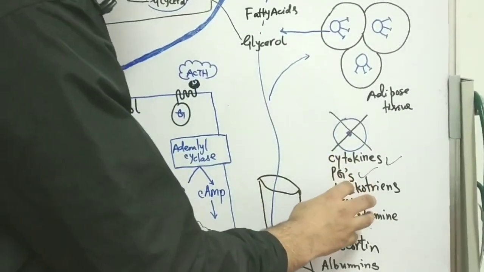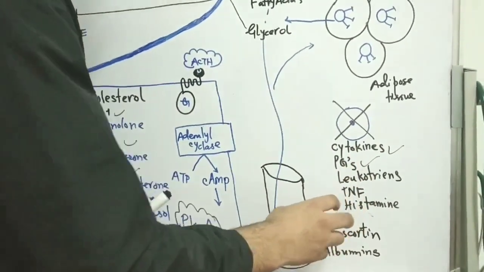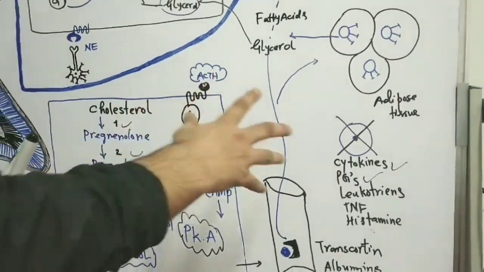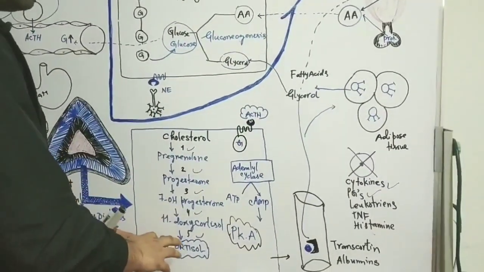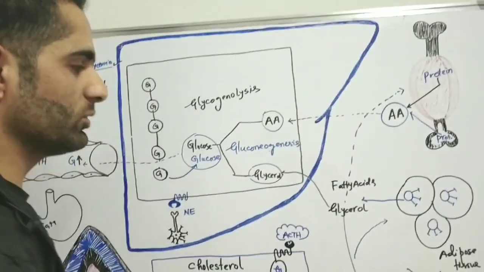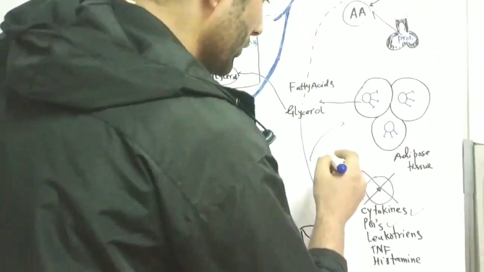They will not fight against the viruses and bacteria. Finally, a person may become sick. This was the function of the cortisol on the immune cells. The effect of the cortisol on immune cells is immunosuppression.